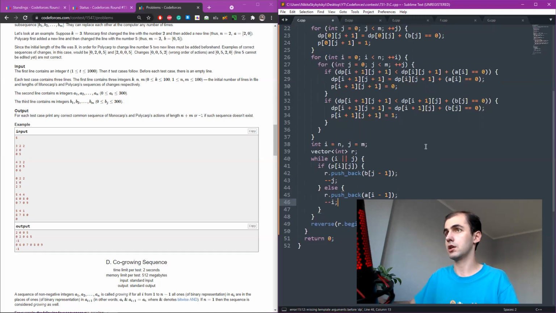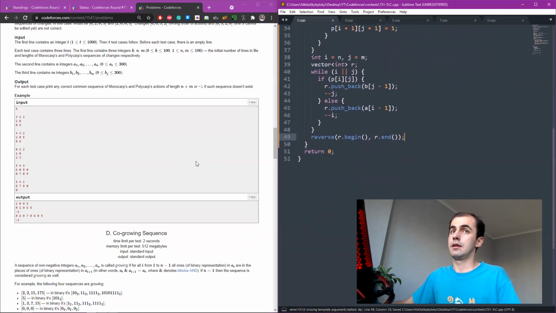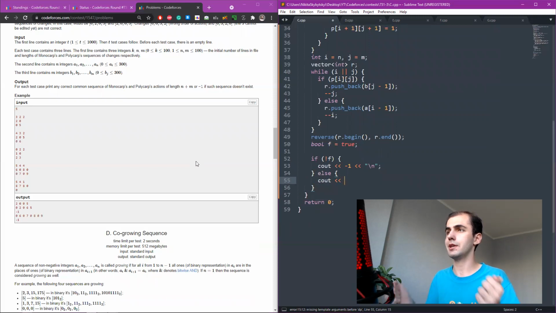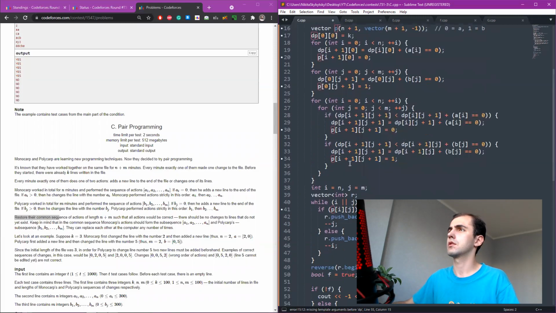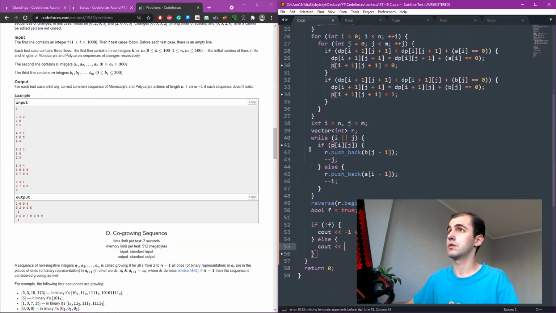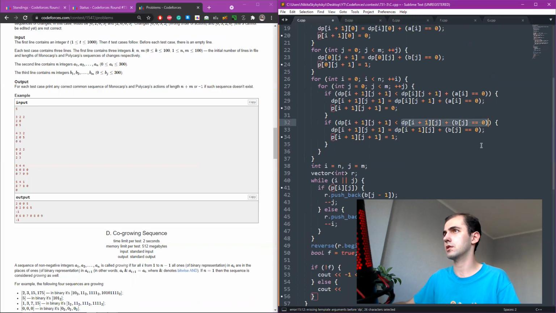Here j decreases, here i decreases. So we constructed a path that achieves the longest possible length of the file as early as possible, I think. To achieve the longest possible length of file as quickly as possible.